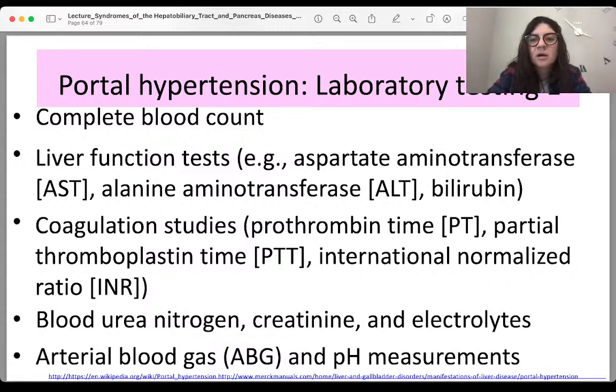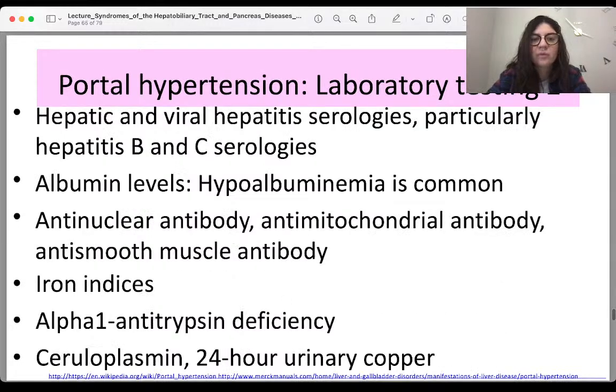There are indications for a coagulation study, checking prothrombin time, partial thromboplastin time, and international normalized ratio. Moreover, we check blood urea nitrogen, creatinine, and electrolytes, and we usually check arterial blood gas and pH measurements for metabolic changes.